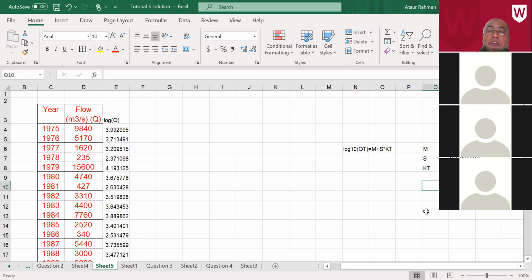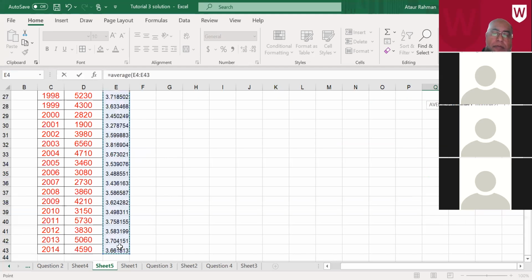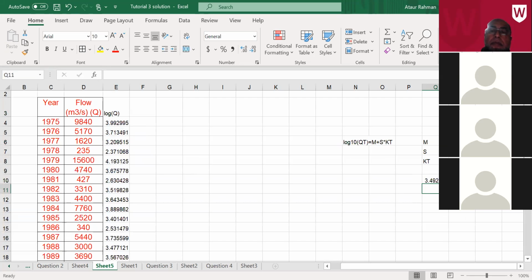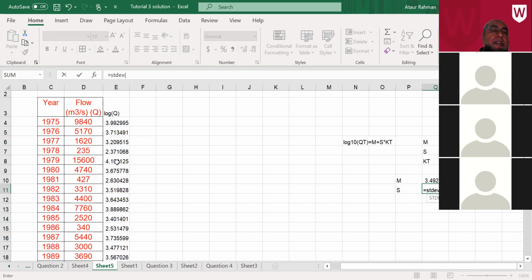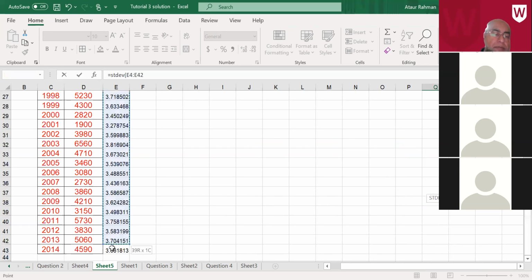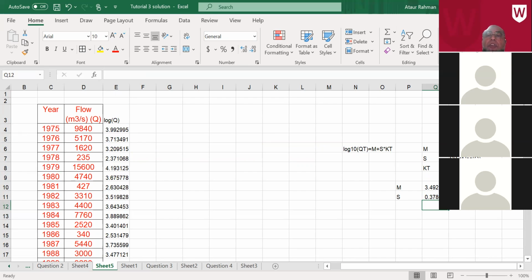So basically our m would be the average of these data values here. That is our m. And what is our s? Equals STDEV of this data here. So this is our m and s.